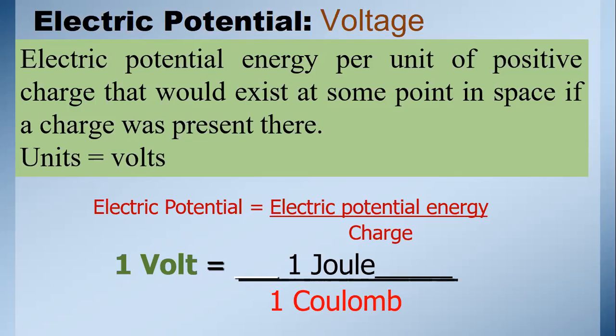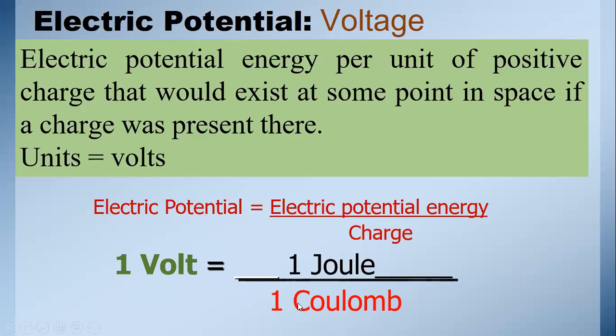So the electric potential is the electric potential energy divided by a charge. So 1 volt is 1 joule divided by coulomb. Joule is the unit for energy measurements, whether it is gravitational energy, kinetic energy, or thermal energy. Energy is measured in joules. So here electric potential energy is measured in joules, and the unit for charge is coulomb.